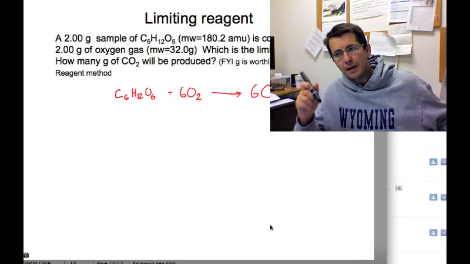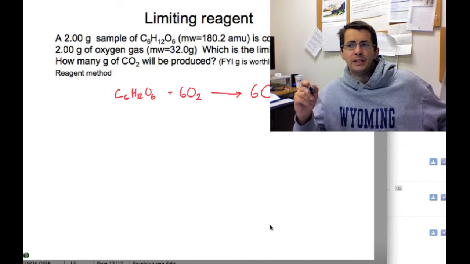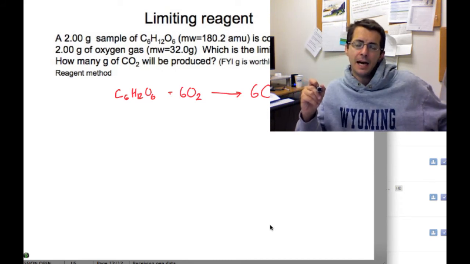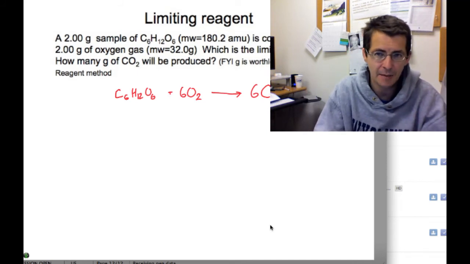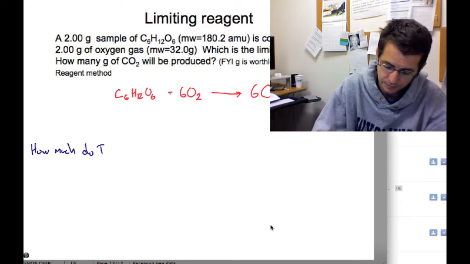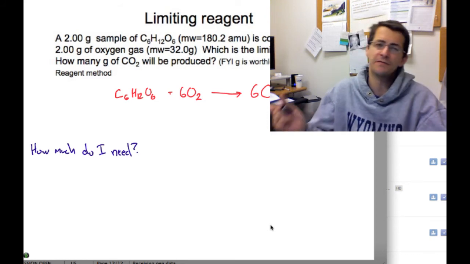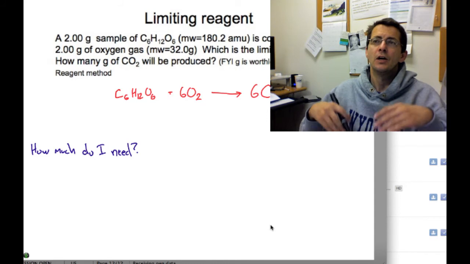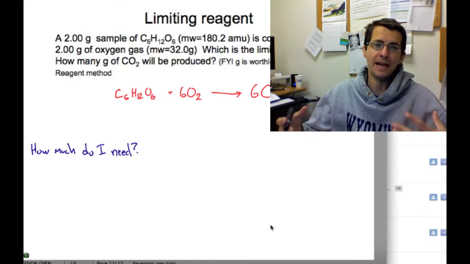The reagent method is an alternate way that instead asks the question, how much do I need? So instead of focusing on the products, it focuses on the reagents. How much reagent do I need to make more?